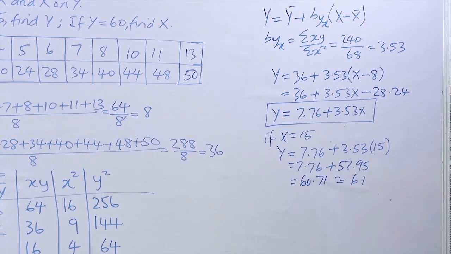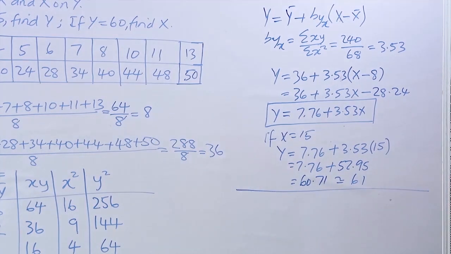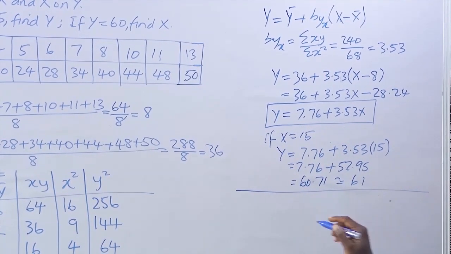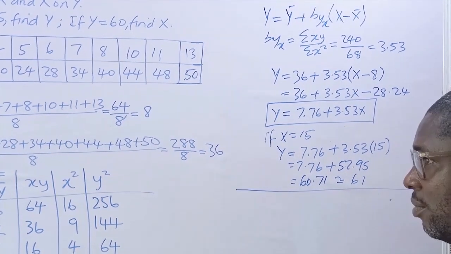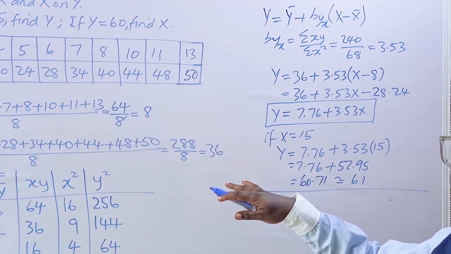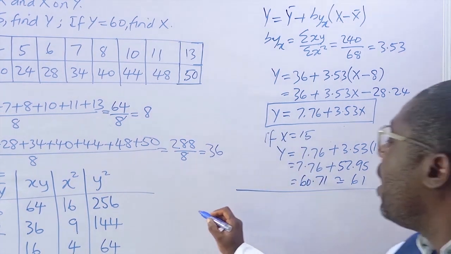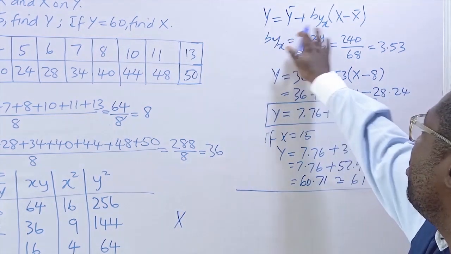Makes sense. All right. So now let's determine our other equation, which is predicting x based on y. We want to find out the regression equation for x based on y. The formula we're going to deal with is just the reverse of what you have here.